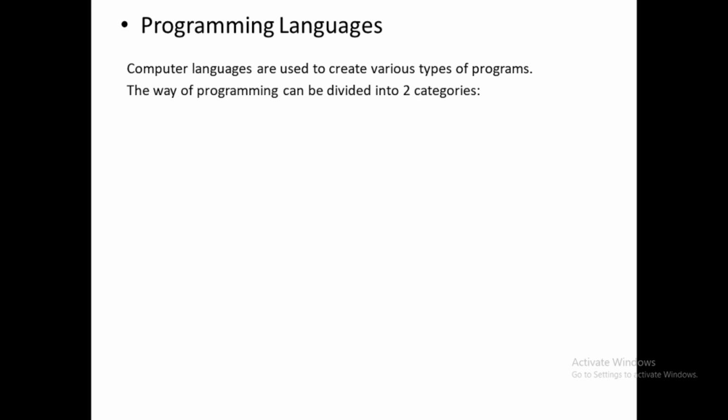Now let's see about the various programming languages. Computer languages are used to create various types of programs. The way of programming can be divided into two categories: structural, or you can say procedural languages, and another is object oriented languages that we have to study.